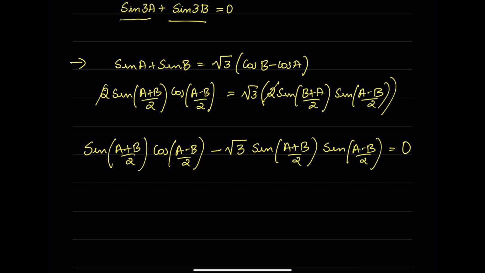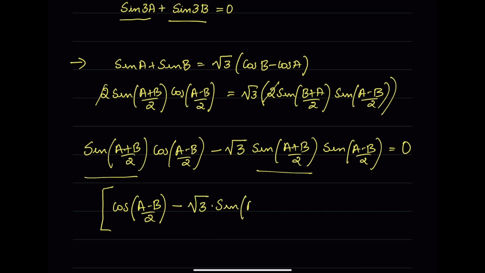Now the common value between these two is sin of A plus B by 2. So we can rewrite this equation as cos of A minus B by 2 minus square root of 3 times sin of A minus B by 2, multiplied by sin of A plus B by 2, is equal to 0.